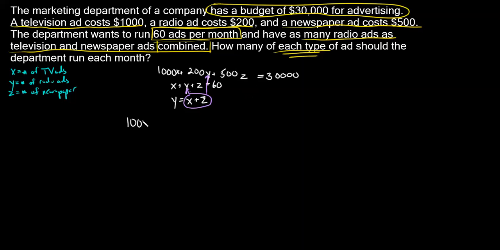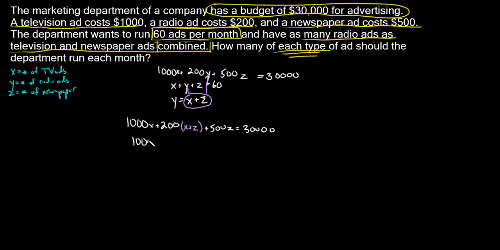So we're going to have 1,000X plus 200Y. Well, Y is X plus Z, plus 500Z is equal to 30,000. Okay, now we can go ahead and simplify this.